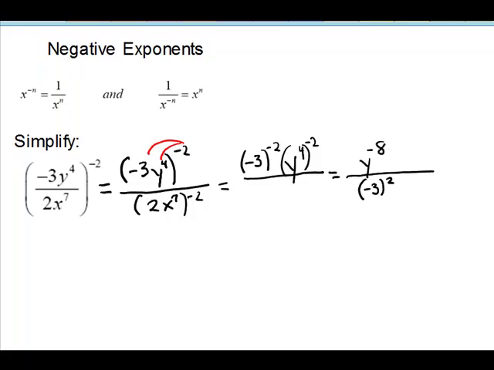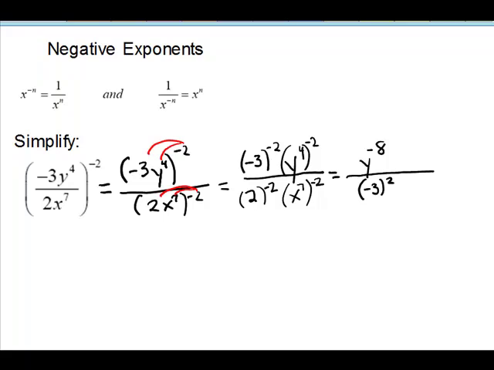Go to our denominator, and it is a product to a power, so we can take the outside exponent to each one. So we have 2 to the -2 and x to the 7th to the -2. The 2 to the -2 is a number to a negative power. We can't work it until we shift it.